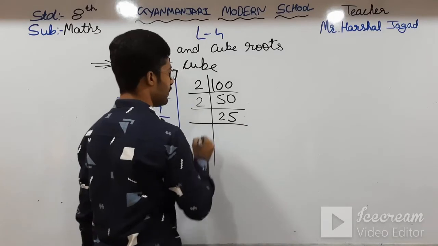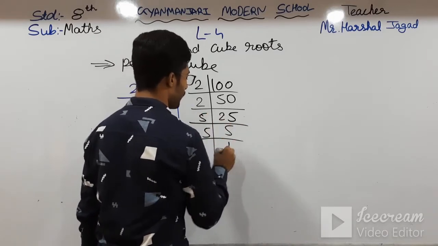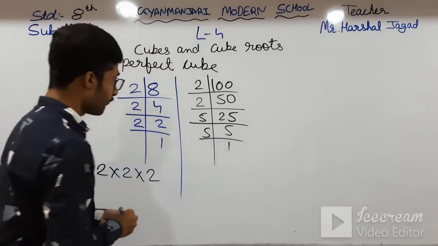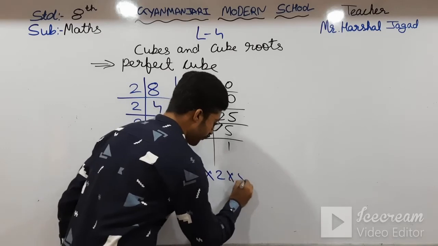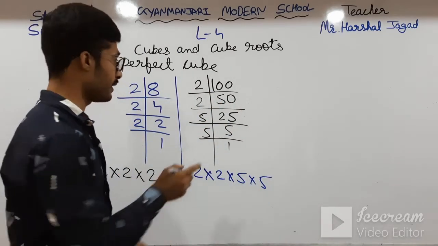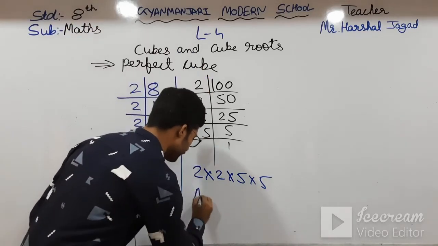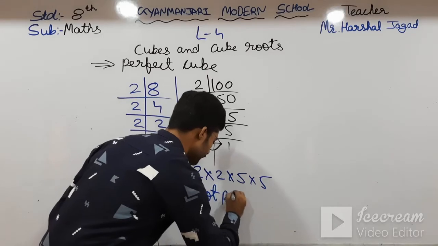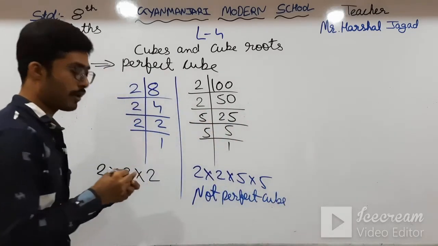Now, 25 means 5 5s are 25. Here, the factors are 2 into 2 into 5 into 5. So, this is not a perfect cube. Okay, students, not a perfect cube.